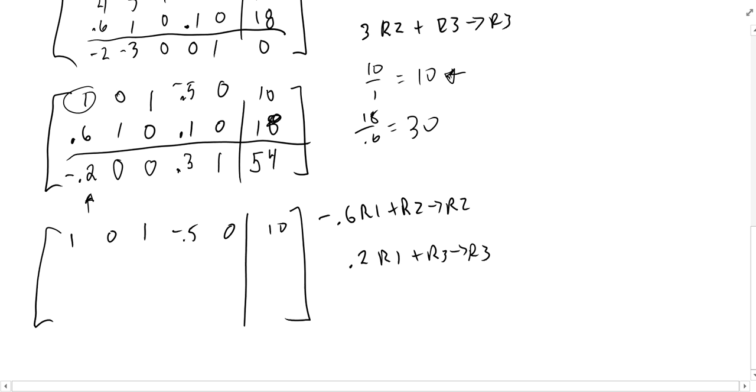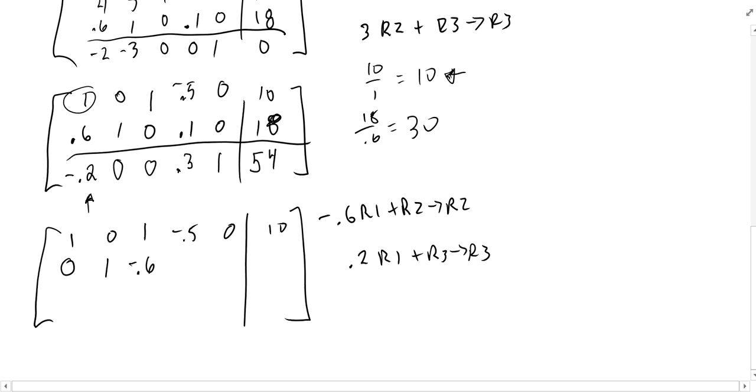And then if we do our math, negative 0.6 times the 1 plus the 0.6 gives us 0. 0 times negative 0.6 is 0, plus the 1 gives us 1. Negative 0.6 times 1 plus 0 is negative 0.6.